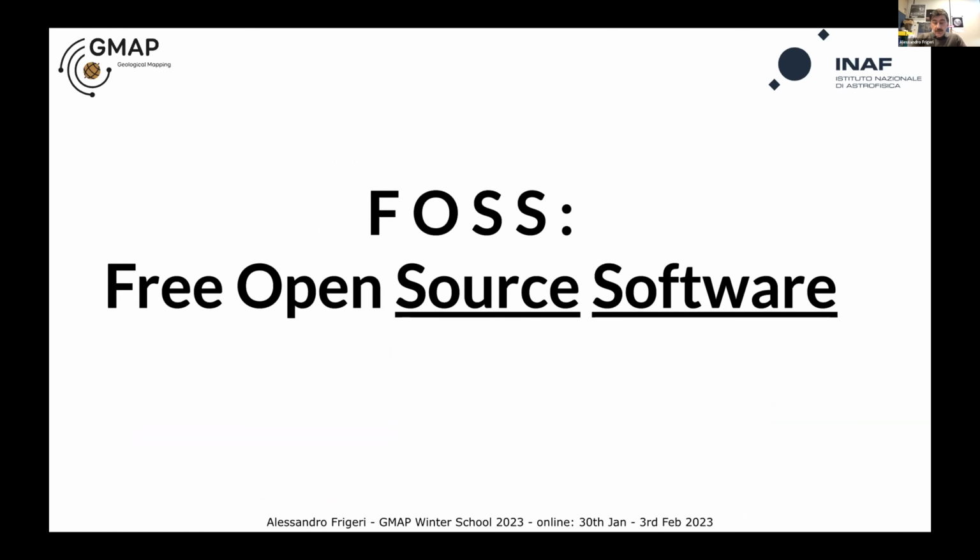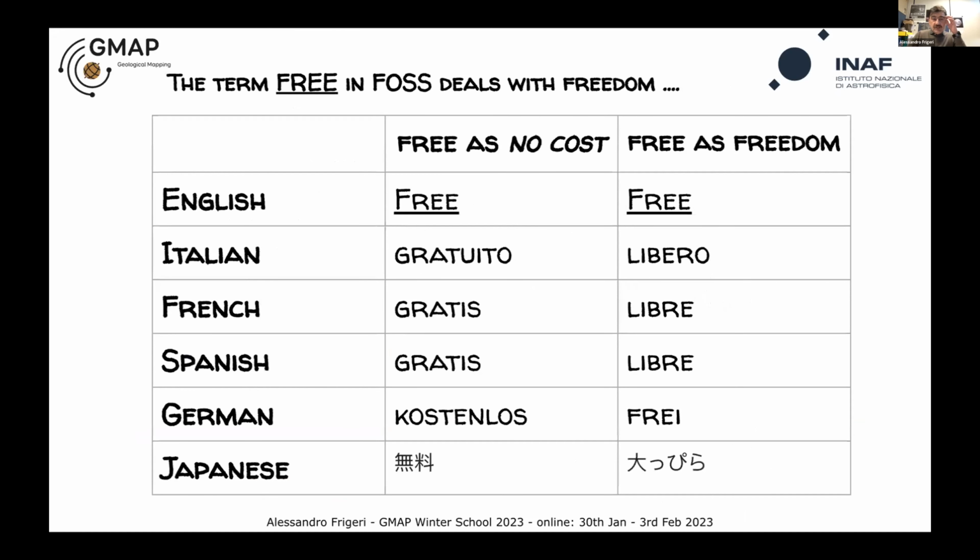Another element within this acronym is free. And it's interesting that we are using English now in this school, and the term free can mean both free as in no cost and free as in freedom. In other languages, this is not the case.